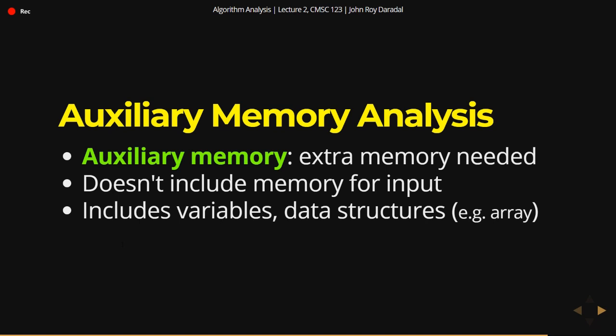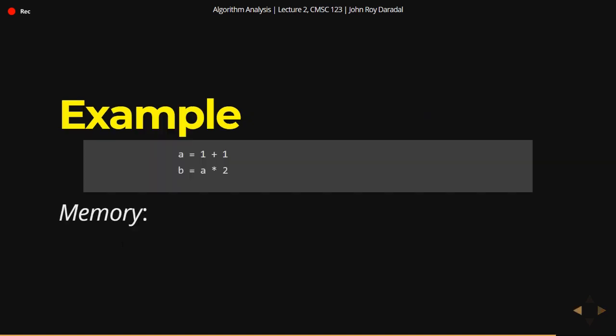So let's say, for example, for this one, the extra memory that we need is only O of 1. So it's constant because for this one, this is only two variables, right? And two variables is just constant.